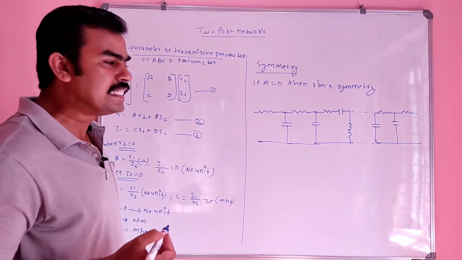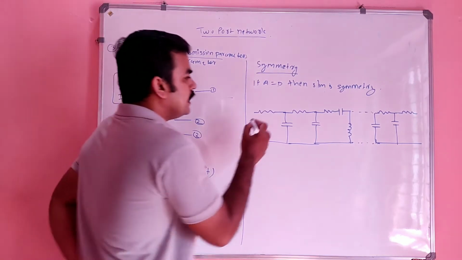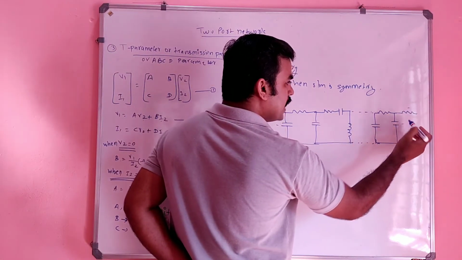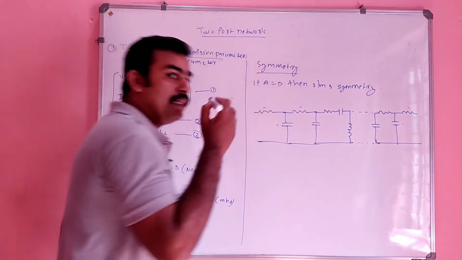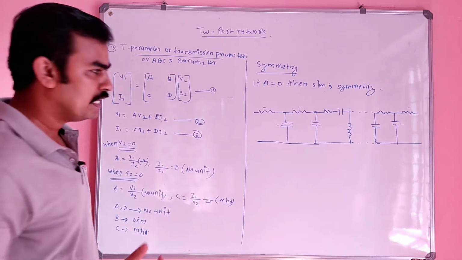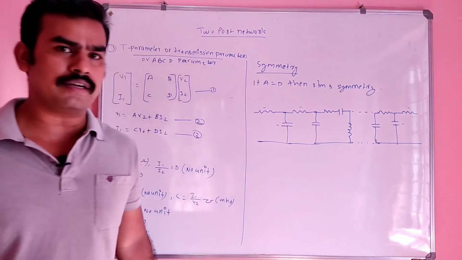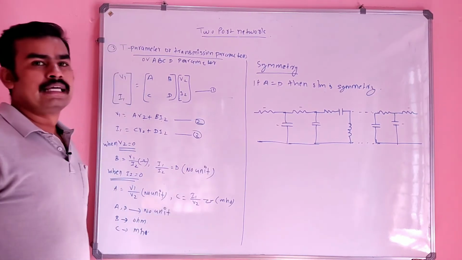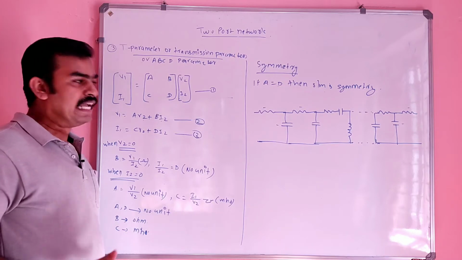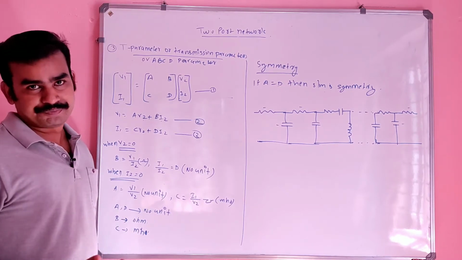How can we say it's a symmetric network? Means in the input side, one R, one C, and in a similar manner in the output side also. That means the allocation of elements in a circuit, it may be a very big circuit, is symmetrical.